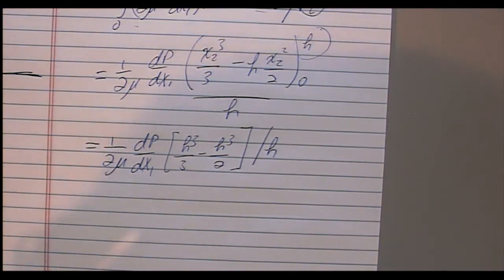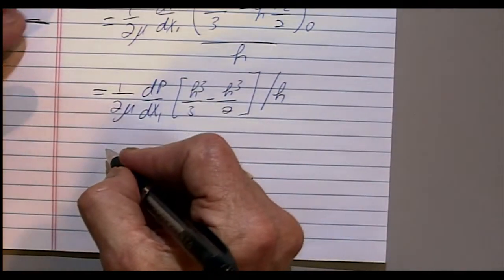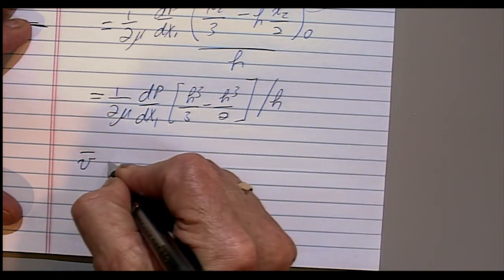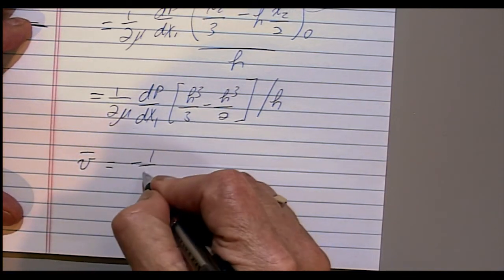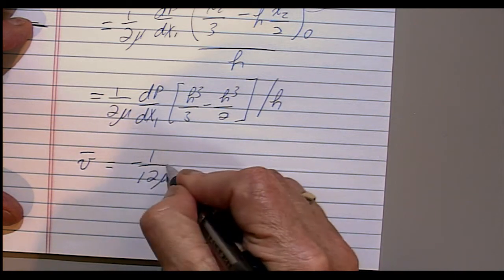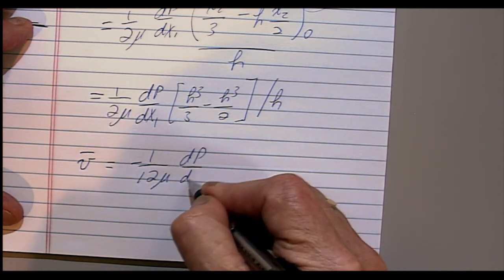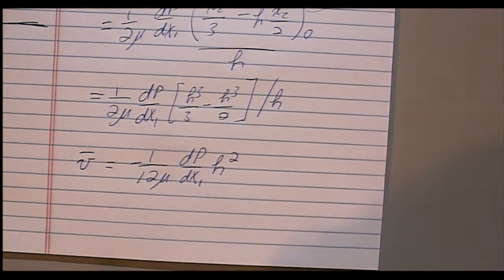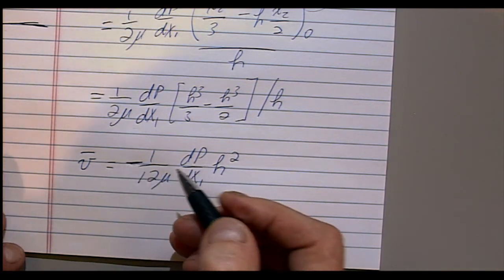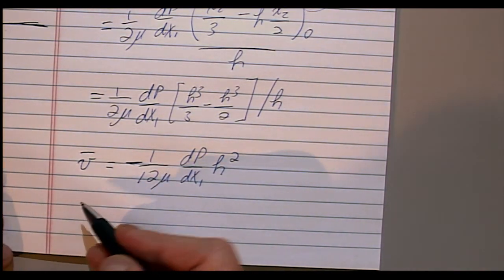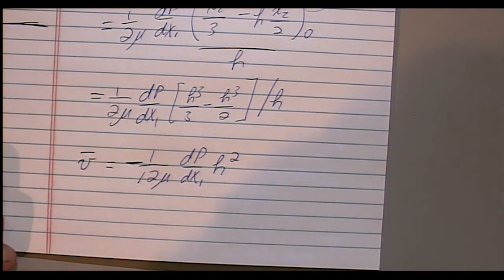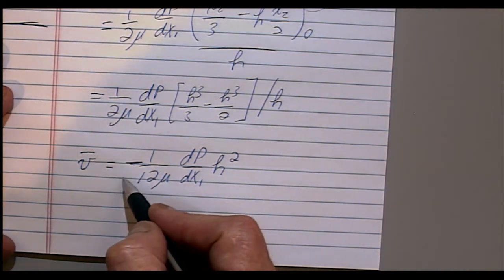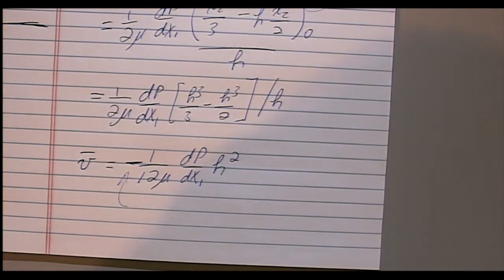And if I've done all of that correctly, I'm going to end up with the mean velocity equal to minus 1 over 12 mu times dP dx1 times h squared. So something that should catch your attention right away is that there's a minus sign out here, and I have a velocity. Does that mean the velocity is flowing the opposite direction? Well, I'm not going to answer that question for you. I'm just going to let you think about it. But there is a question, why do I have a minus sign here? And can we understand, is the flow really going in the right direction?